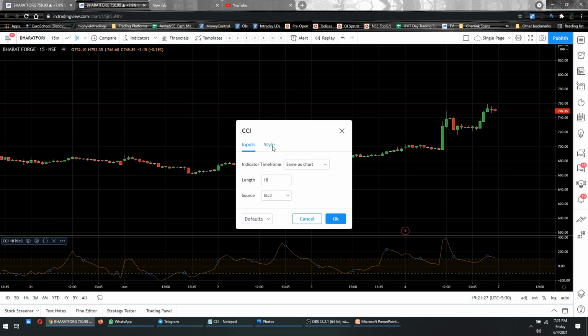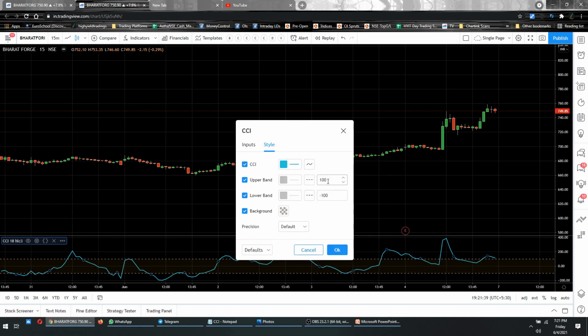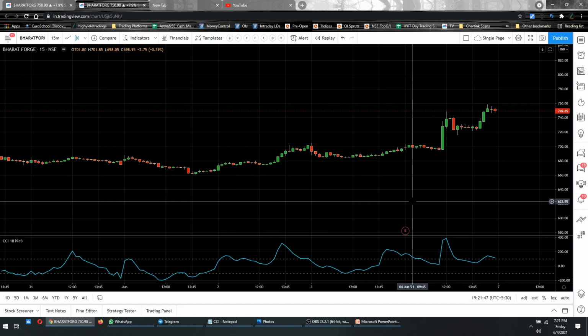And you can go to style and make some modifications so that the CCI line is clearer, and make it a bit thicker as well. The upper band will be at plus 100 and the lower band at minus 100. You can switch off the background and click OK. So this is how the setup looks.